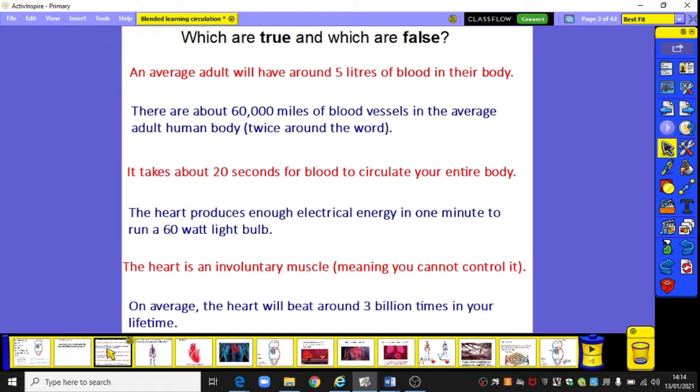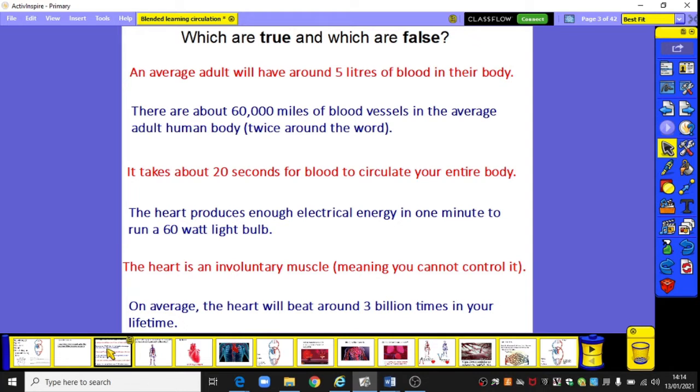An average adult will have around 5 litres of blood in their body. There are about 60,000 miles of blood vessels in the average human body. That will go twice around the world if you laid them end to end. It takes about 20 seconds for blood to circulate your entire body.